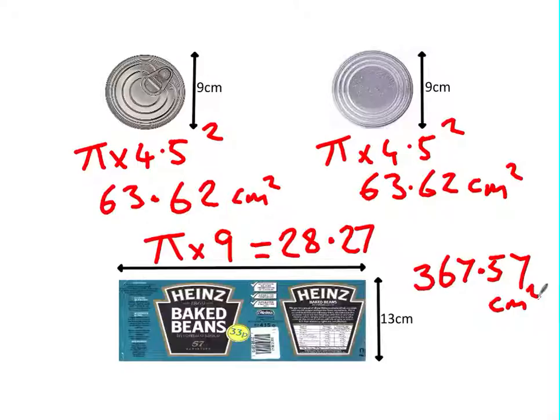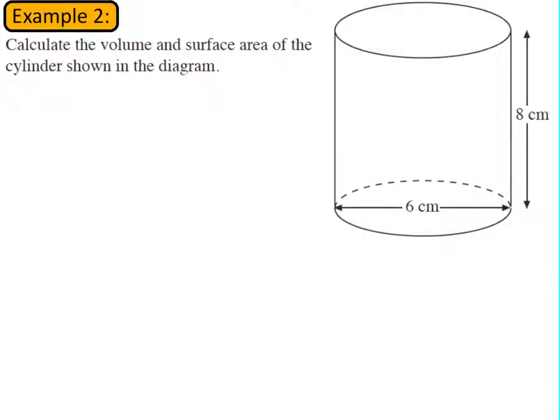So the total surface area is adding all three of these together. So if I add to that 63.62 and then another 63.62, we'll get our final answer, which is 494.8 centimeters squared. And that is the total surface area of the can. Let's look at another example.